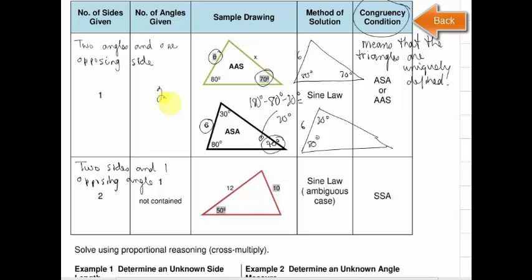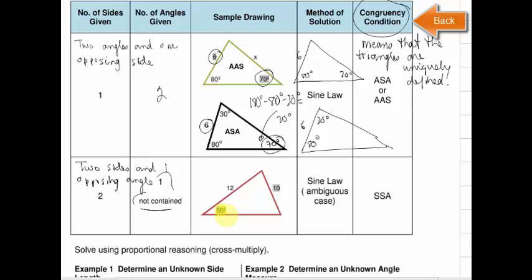Okay, now our second situation, we are given two sides and one opposing angle. So what's important here is that your angle that you're given is not contained. In other words, the angle that you are given is not between the two sides that you already know. Okay, so how you would read this, you would go side, side, angle.